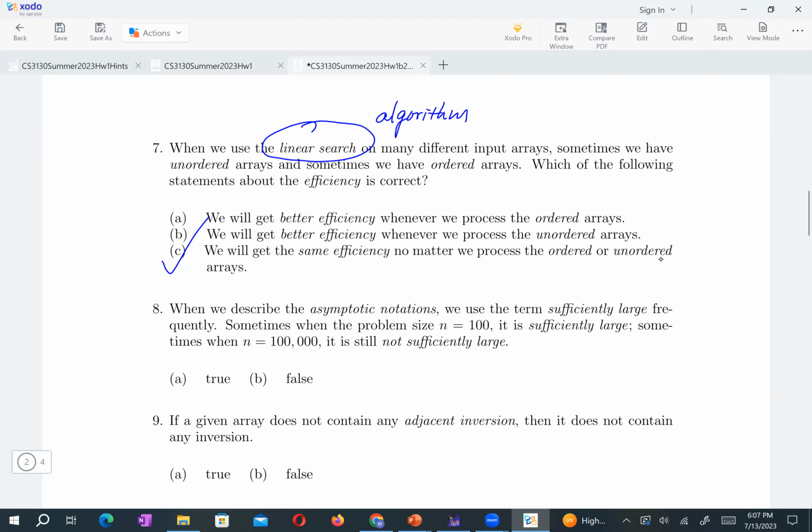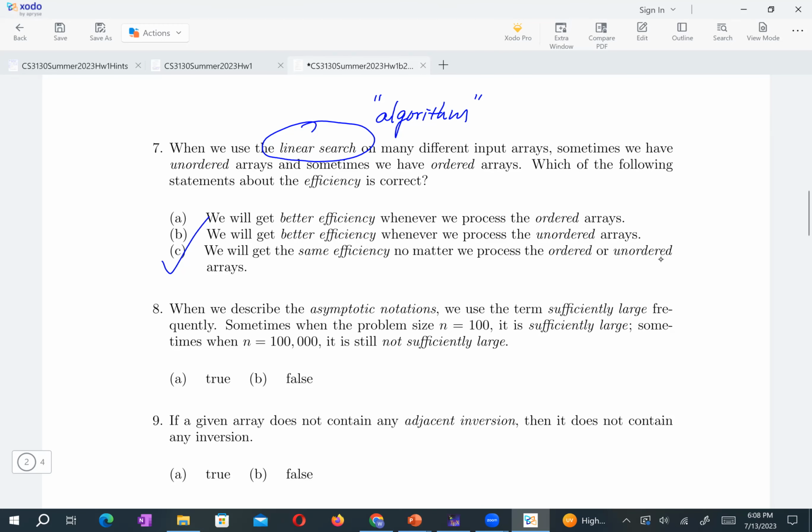You cannot change this algorithm. That means you write a program implementing this linear search, not the binary search, this linear search.